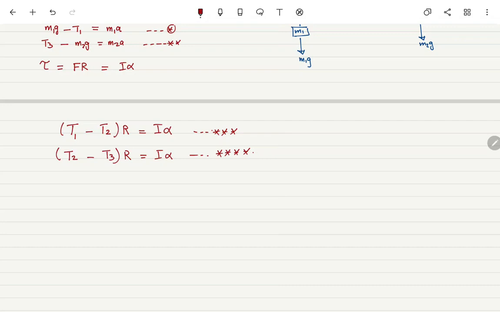Now by adding equation 3 and 4 together, we will find out that (T1 minus T3) times R equals 2I alpha.